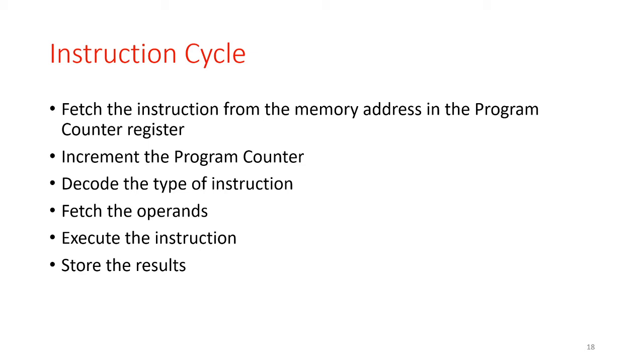So, a basic instruction cycle in a computing device or computing system is how a program or set of instructions is going to be executed in that particular device. The instructions are fetched from a memory address, then the program counter that identifies which instruction is next is incremented, then that instruction is decoded, relevant operands or instruction inputs are fetched from memory locations, then those instructions are executed and the results are stored back into a memory location.